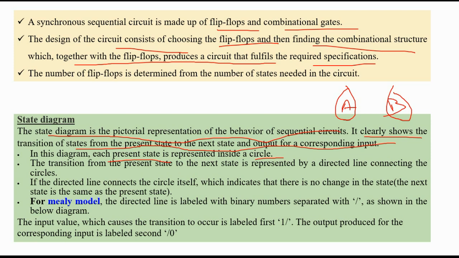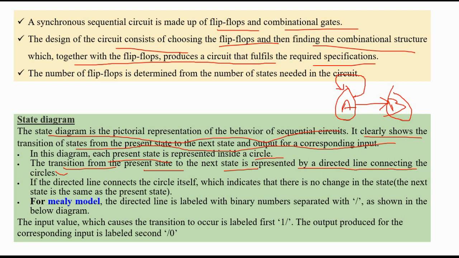The transition from present state to next state is represented by a directed line connecting the circles, for example from A to B. If the directed line connects the circle to itself, it indicates there is no change in the state. It ends at A itself, and you have to mark it like that.